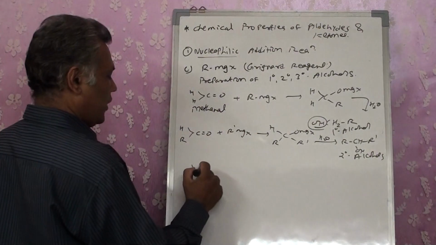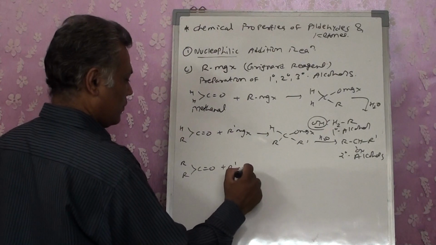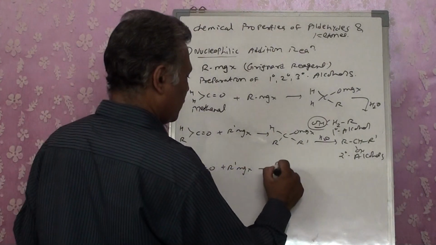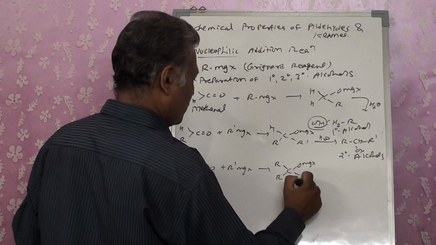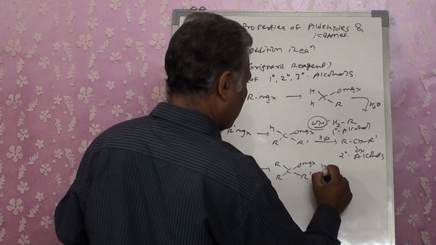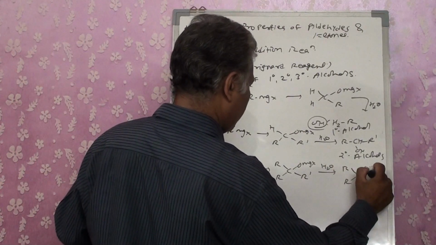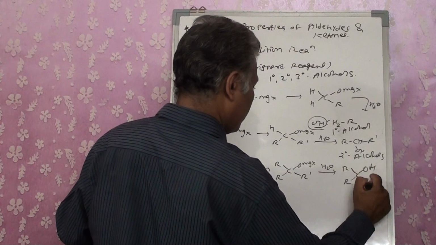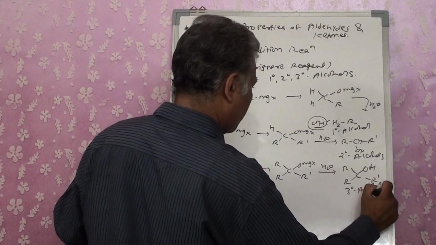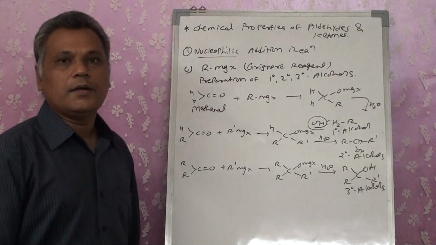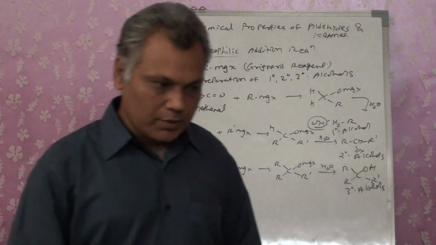While if we take ketones, we get the reaction of ketones to produce tertiary alcohols. Right? These reactions are particularly written in our textbook in chapter number 11.